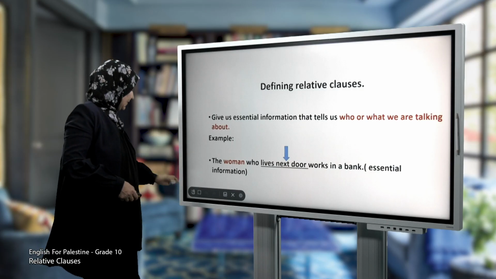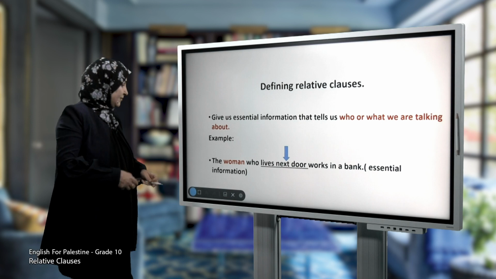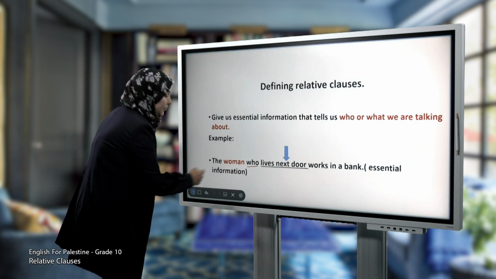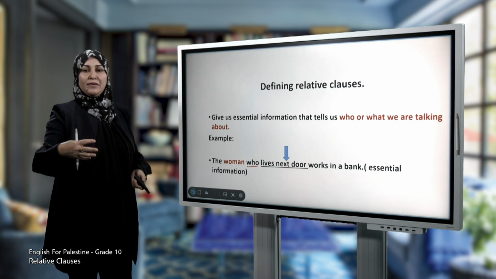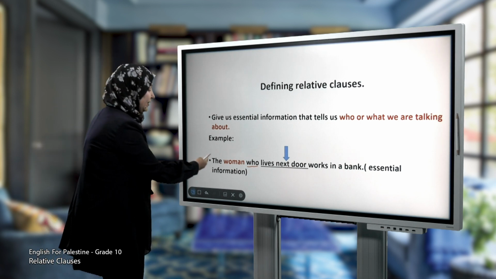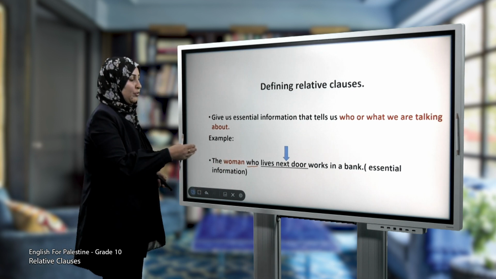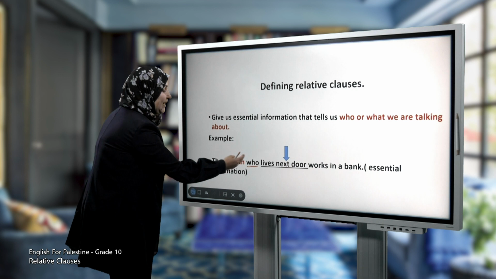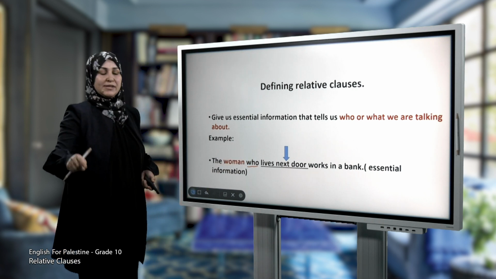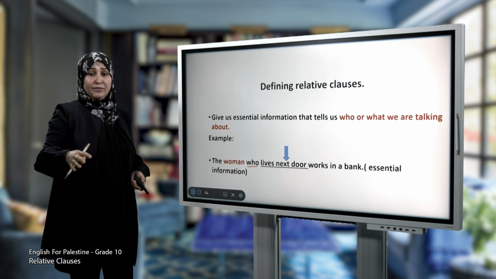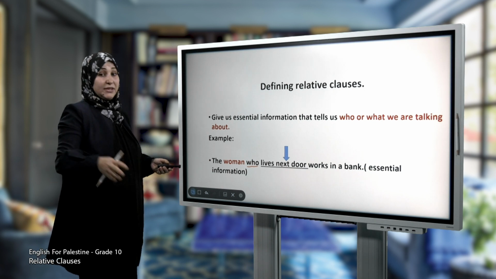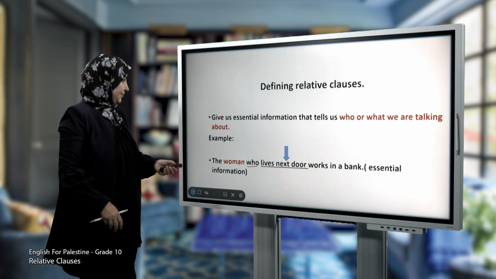Here we use the relative pronoun who to give us more information about the woman. So the information here is essential and new for us also.